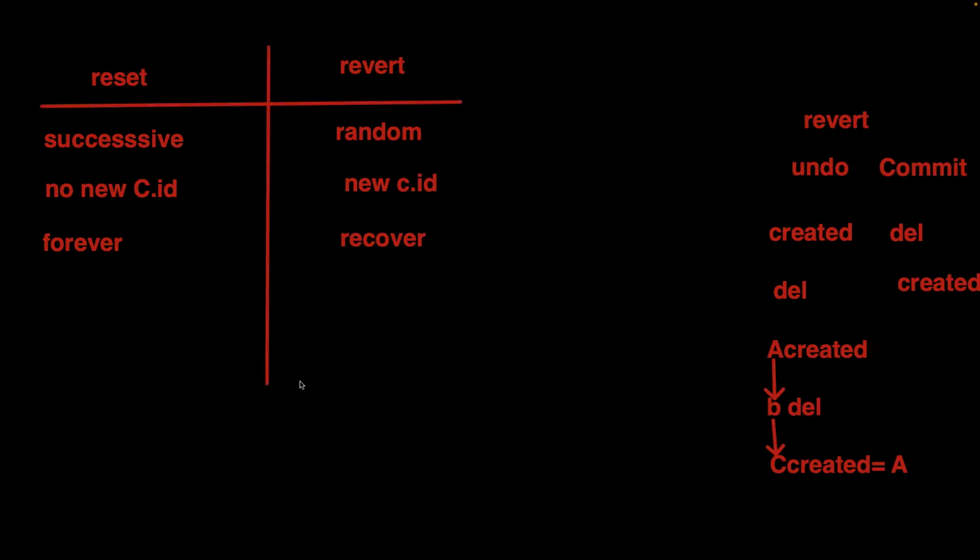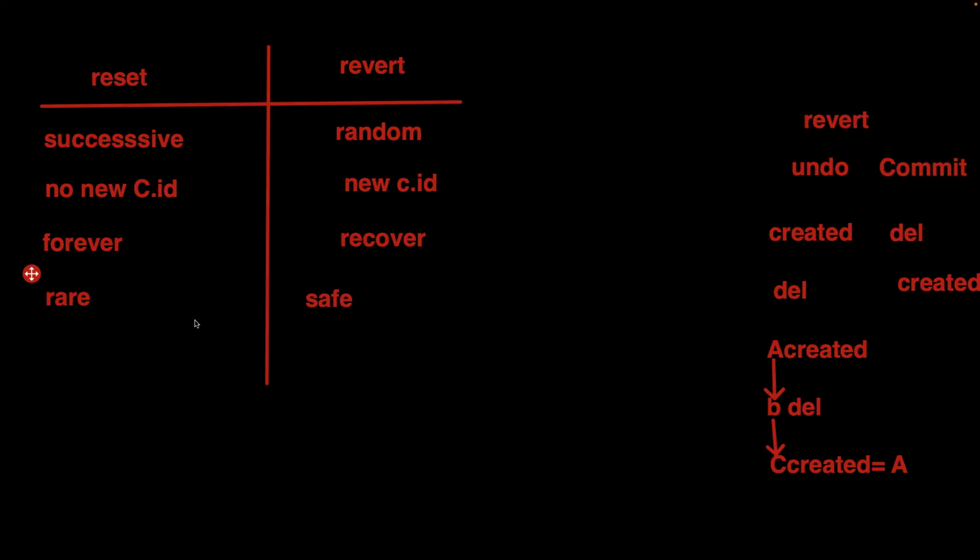So, which one should we use? Which is safe to use? Revert. This is a safe and regularly used command. Reset is very rarely used, and only when you are very sure you don't need those changes should you do a reset. Otherwise, always revert. With reset, the commits get wiped off from the commit history, so you don't have those commit IDs left to get them back.